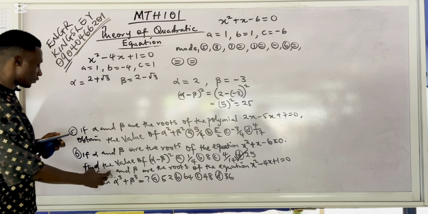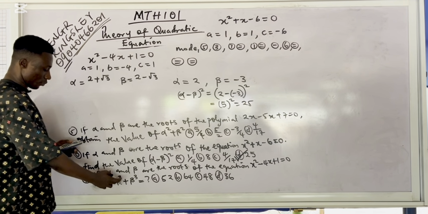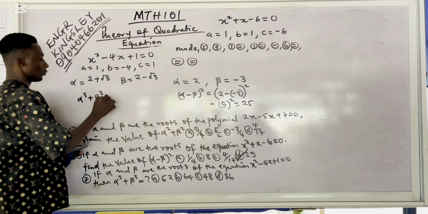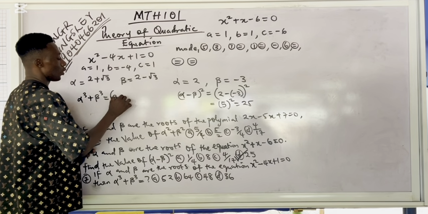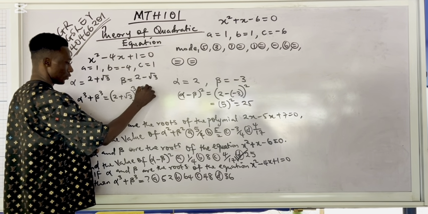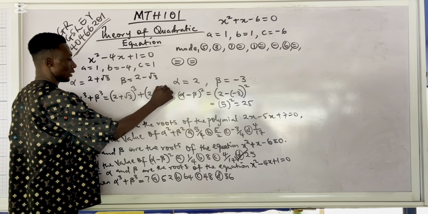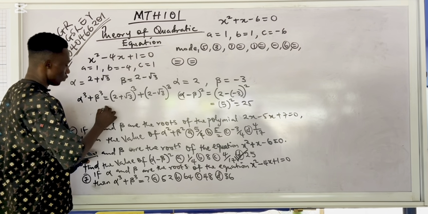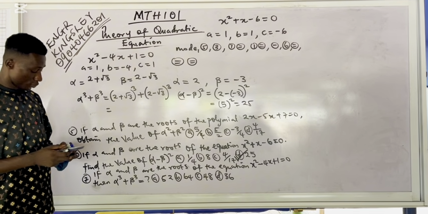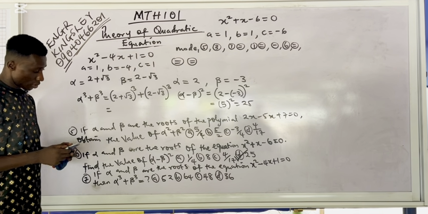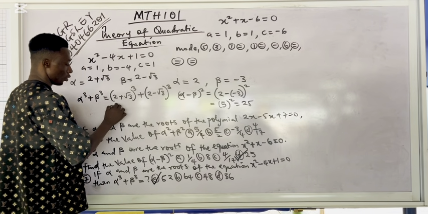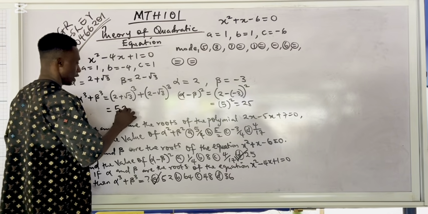Okay, for us to get alpha cube plus beta cube, we have alpha cube plus beta cube becomes 2 plus root 3 all cube plus 2 minus root 3 all cube, which you punch in exactly like this in your calculator to get 52, which is option number A.